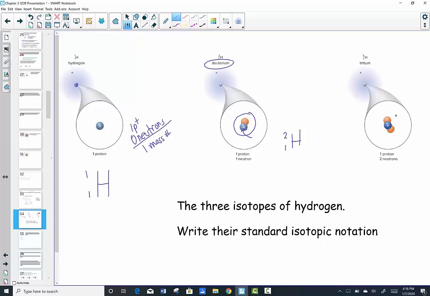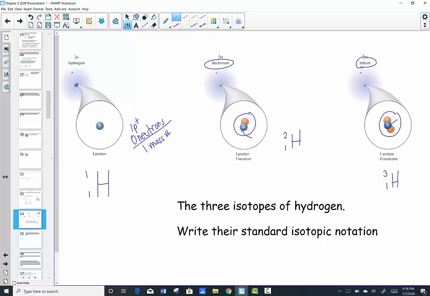And a little rarer, but there is a third naturally occurring isotope. Notice that it still has 1 positive proton because that's still hydrogen, but the total number of particles in the nucleus is now 3. 2 neutrons and that 1 proton give me a mass number of 3, and this is called tritium. 3 naturally occurring isotopes of hydrogen.